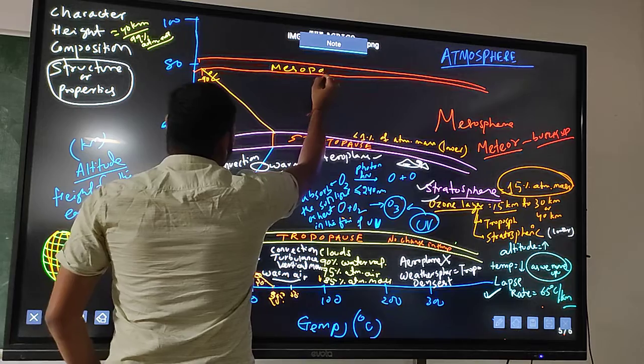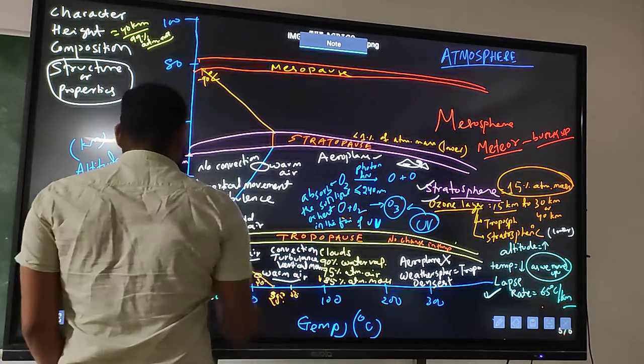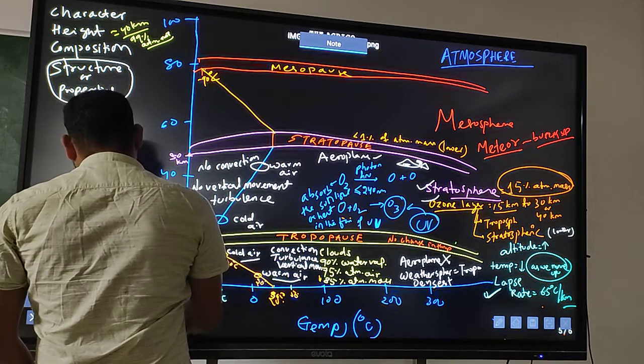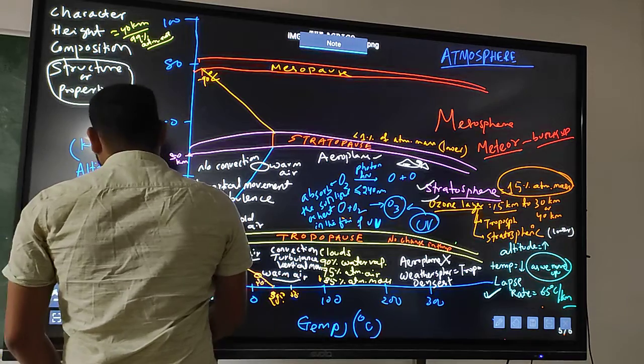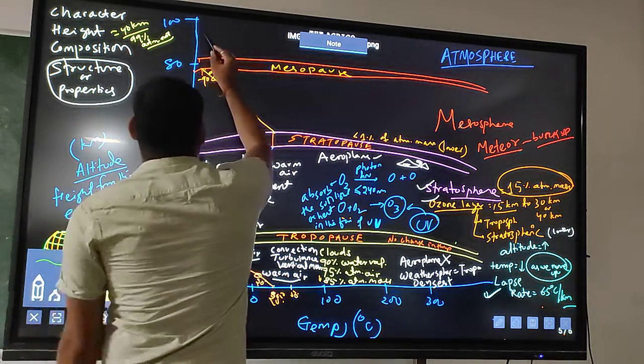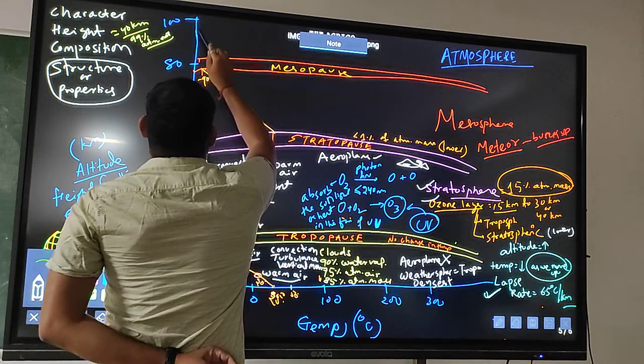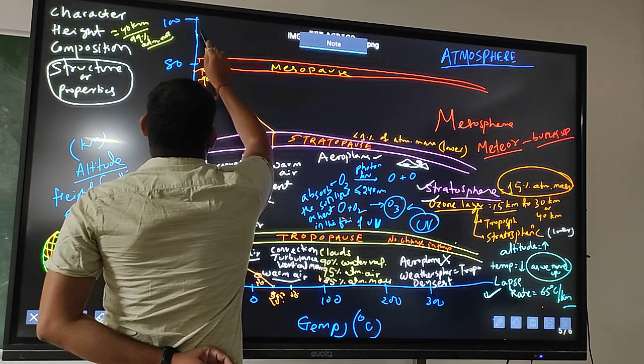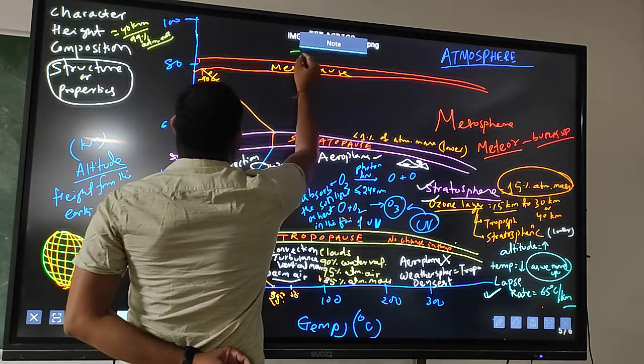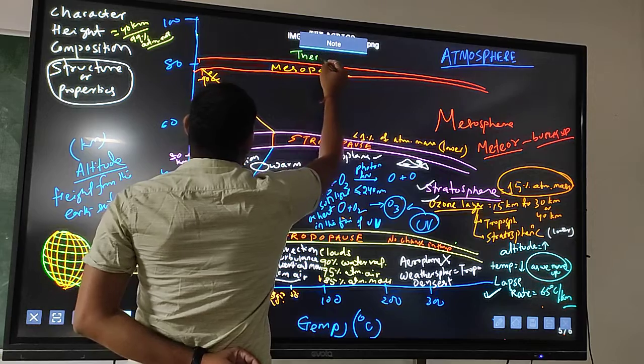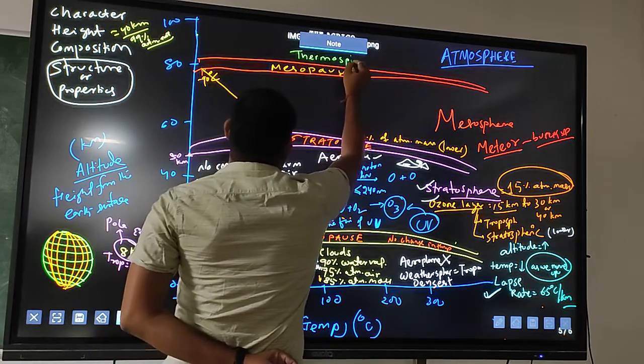Then there will be the mesopause, and there will be another sphere I have already told you about: the thermosphere. Above the mesosphere there will be the thermosphere.